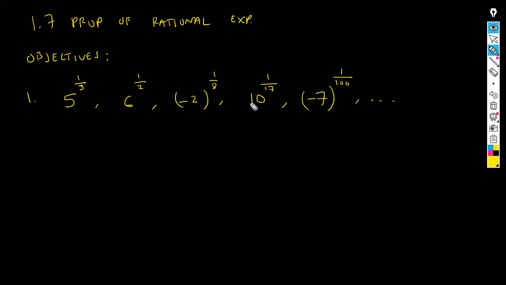So you get the idea, right? What are we doing here? We're raising numbers, any type of number, to a fraction, but it has a very specific form, right? It's always 1 over something. Okay, so this is the first thing you're gonna understand today.